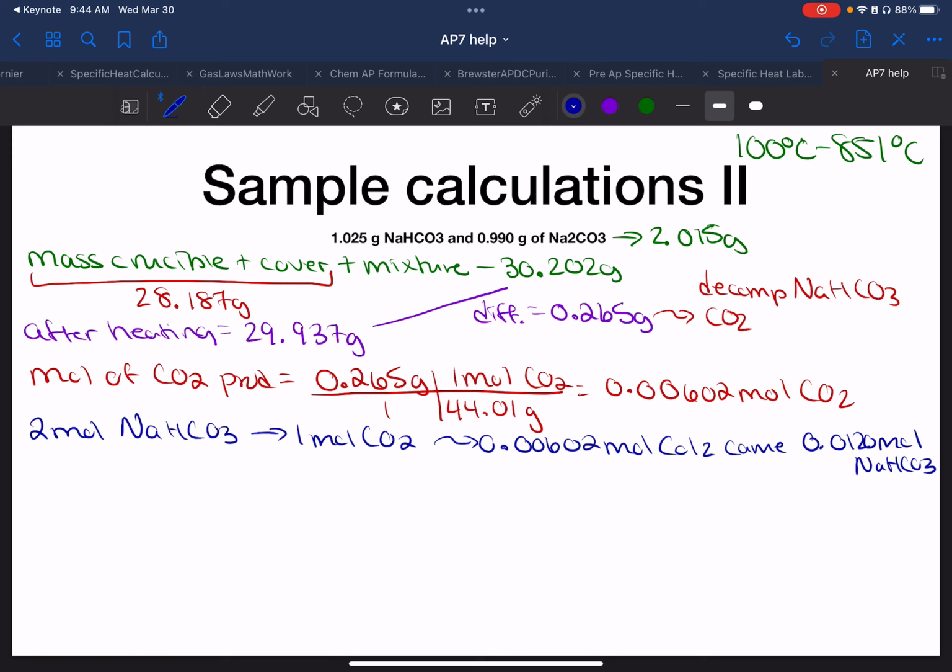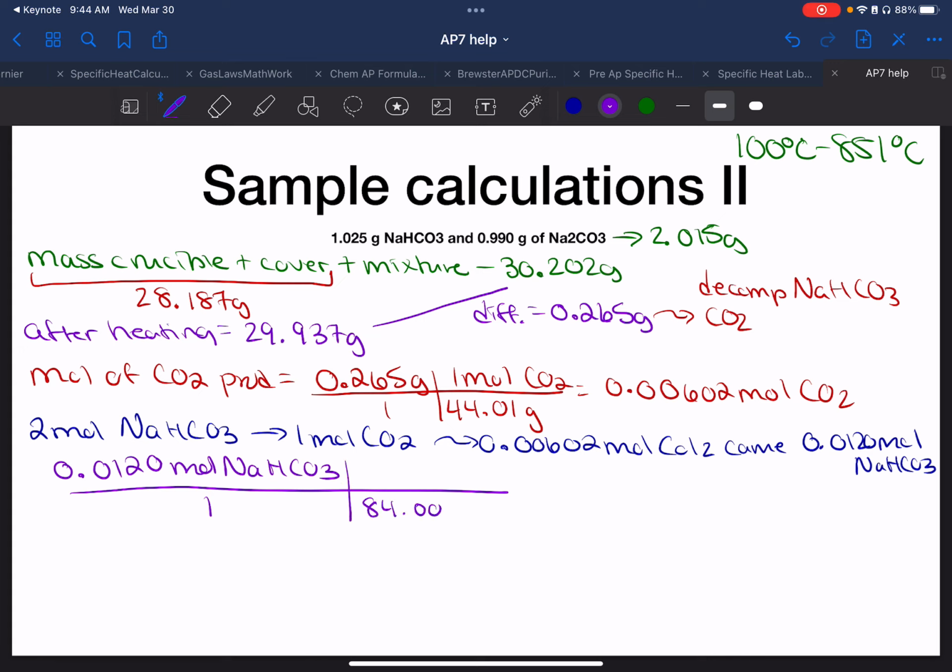So now I'm going to take that number that I have, 0.0120 moles NaHCO3, and let's convert that over to grams. Okay, so that's 84.007 grams to 1 mole of NaHCO3.